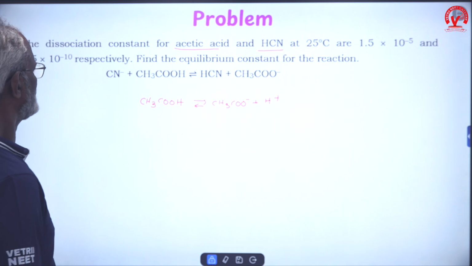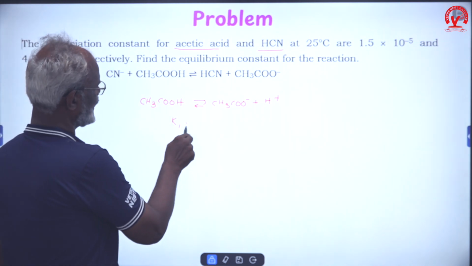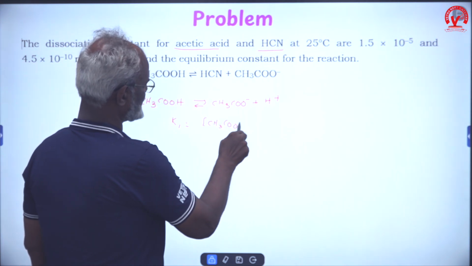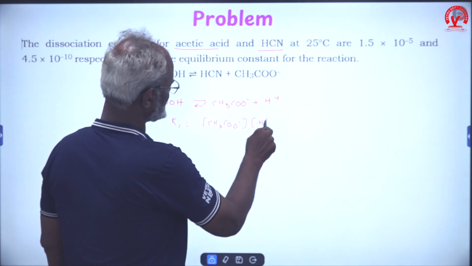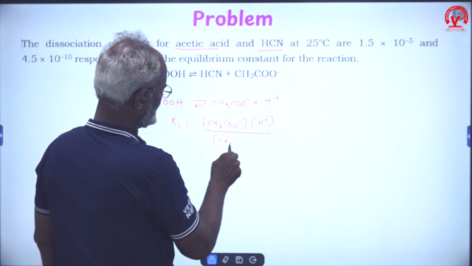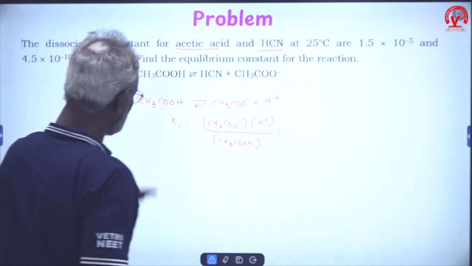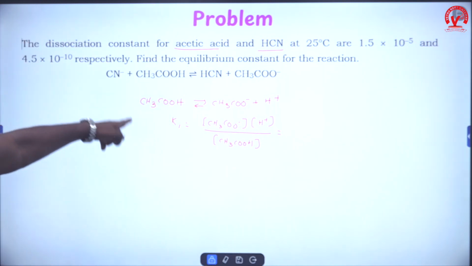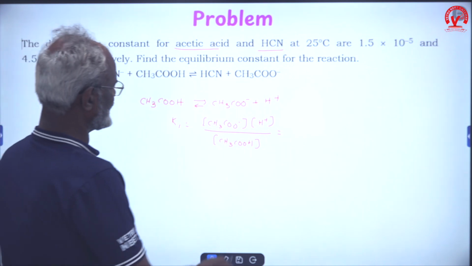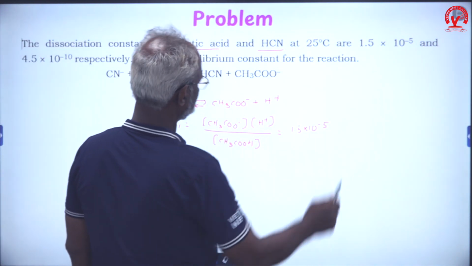So the K value, let us say we write as K1, which is [CH3COO minus][H plus] divided by [CH3COOH]. This is the dissociation of acetic acid, the dissociation constant is K1, which is equal to 1.5 into 10 power minus 5.